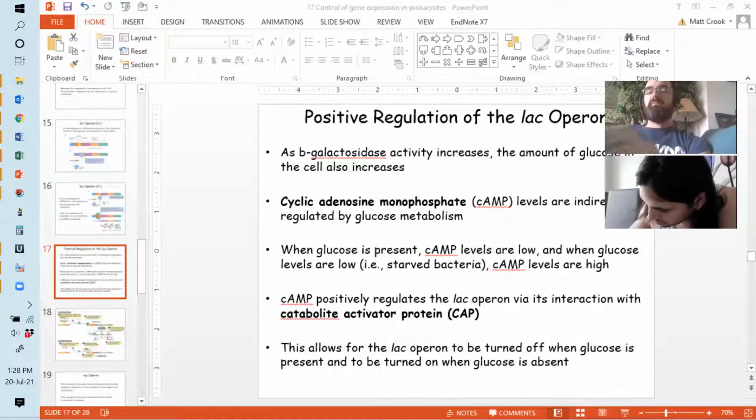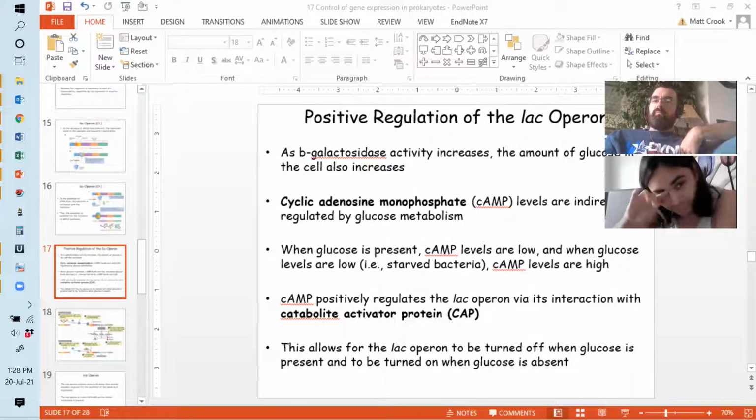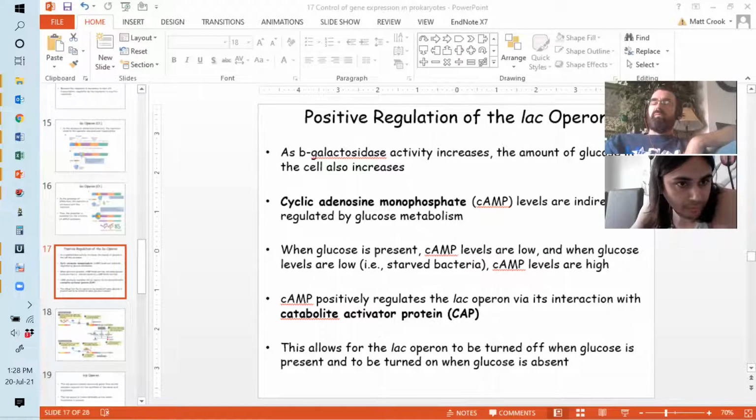So basically, the more glucose present, the less lac-operon transcription you need. And cyclic AMP is the means by which you figure that out as a bacterium.